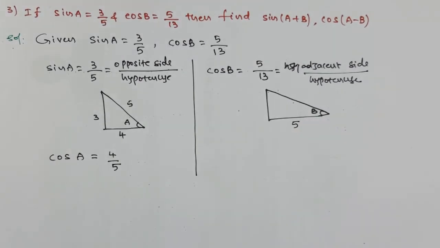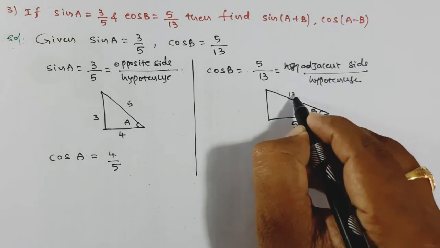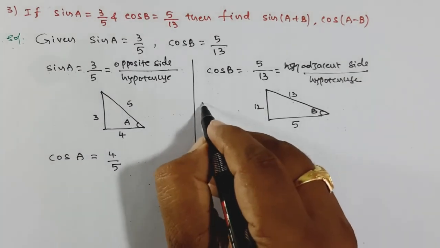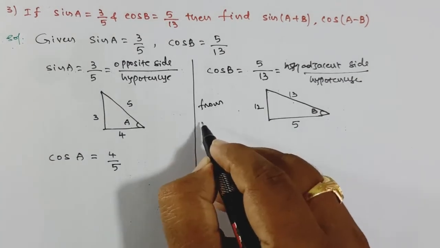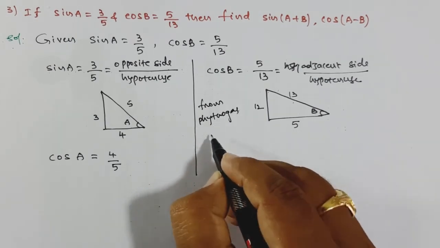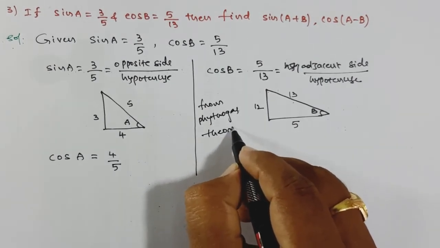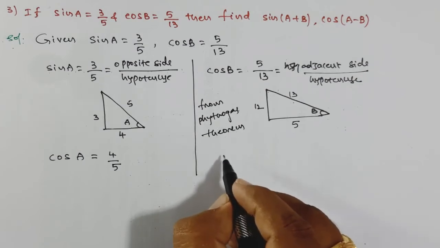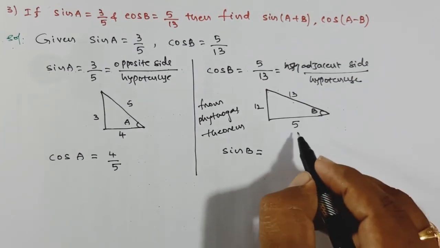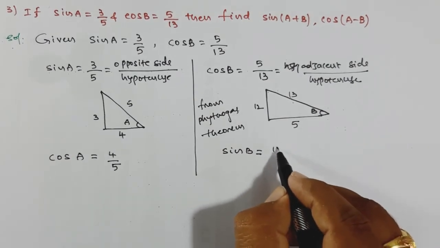Adjacent side is 5 and hypotenuse is 13, and opposite side is 12. Then sin B equals opposite side by hypotenuse. Opposite side is 12 and hypotenuse is 13.